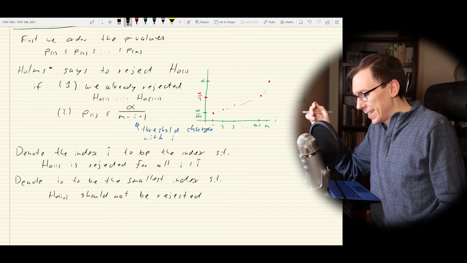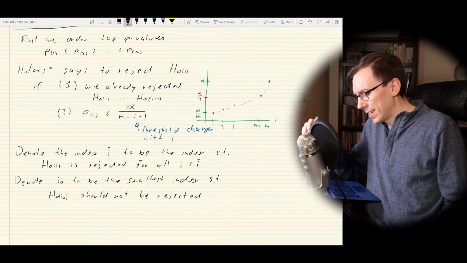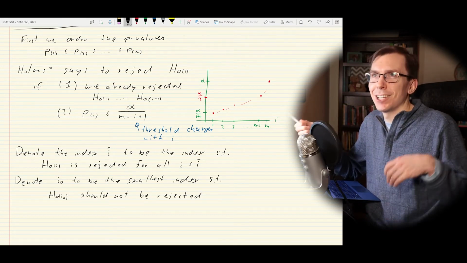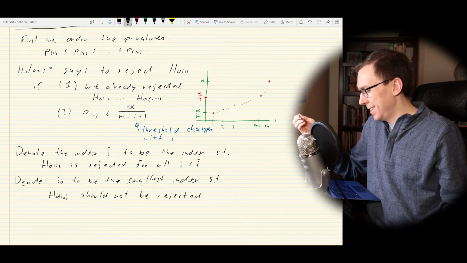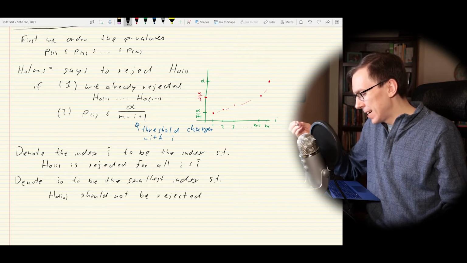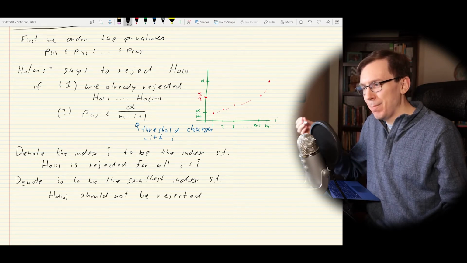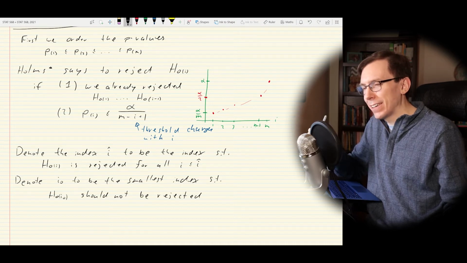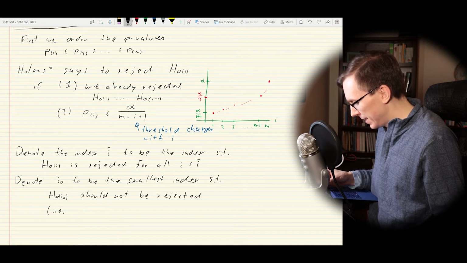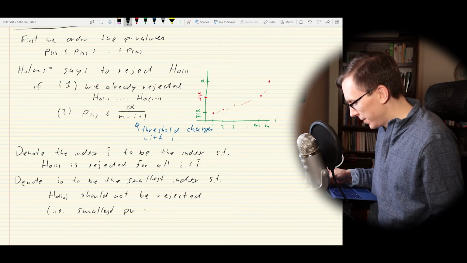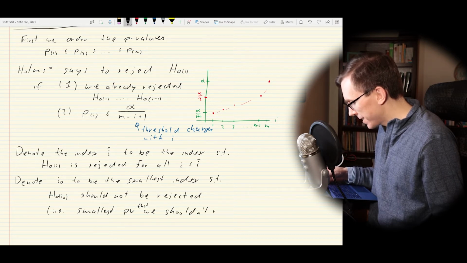So it's the smallest p-value that should not be rejected, i.e. the smallest p-value that we shouldn't reject.